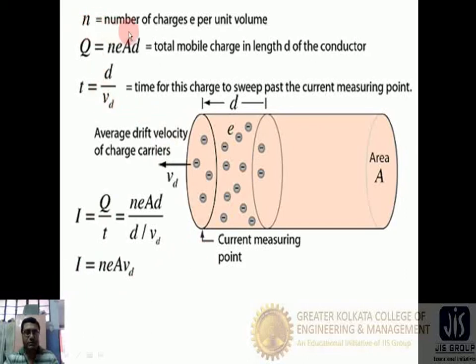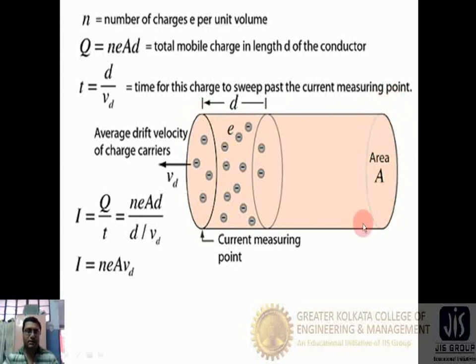So here N is the number of charges, electrons per unit volume. Q is the total charge. A is the area; you can see A is the area of this cylinder. It is a cylindrical conductor.